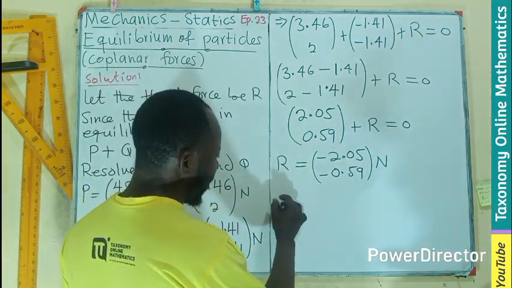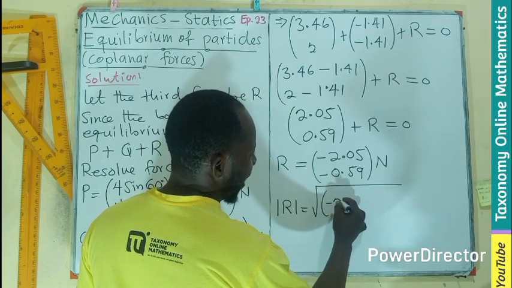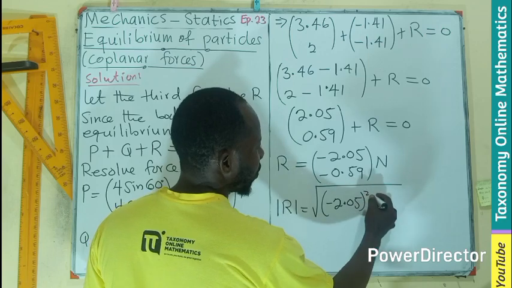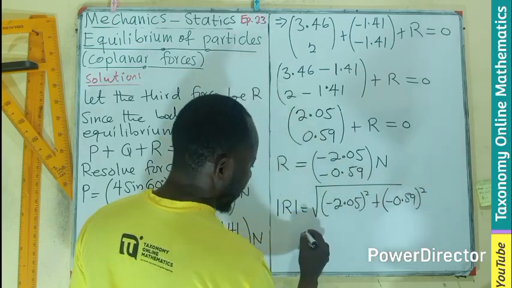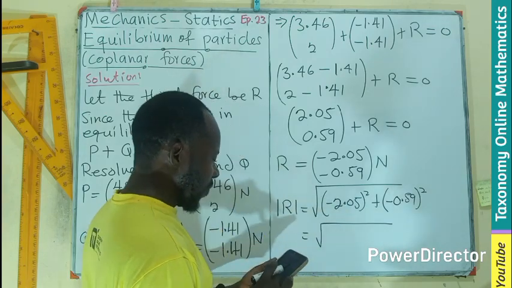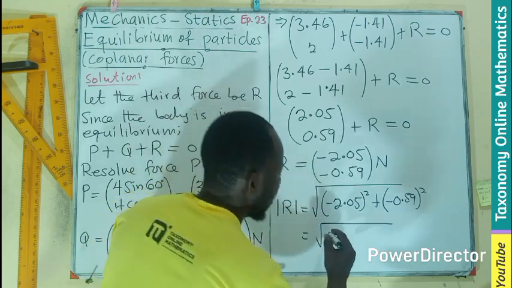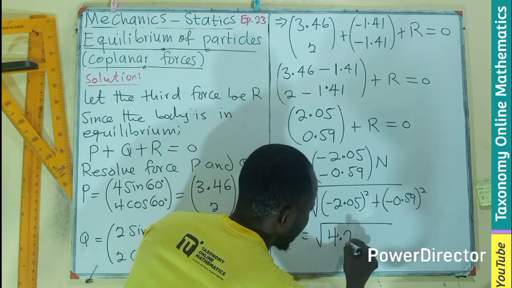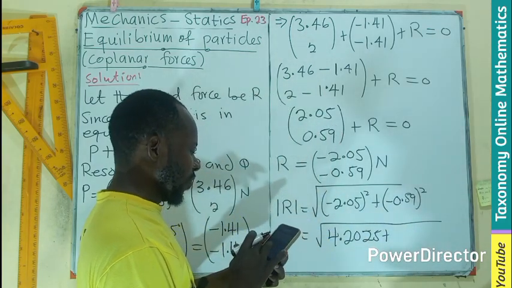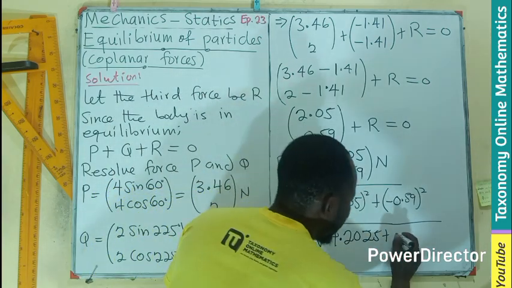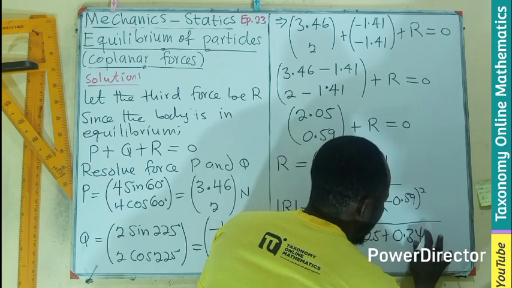So the magnitude simply means that we are finding the square root of the square of the x component plus the square of the y component. The first one should be 2.05 all squared, which is 4.2025, plus the second one, 0.59 all squared, which should be 0.3481, right?